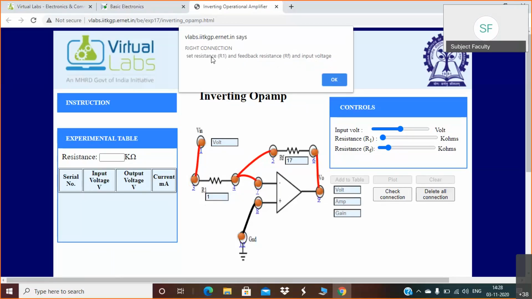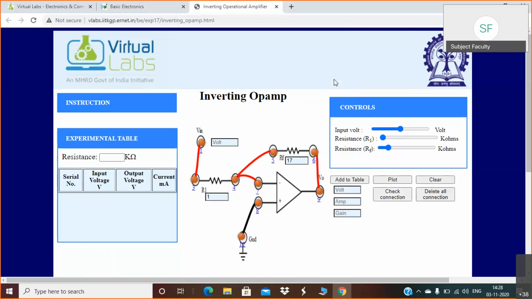So the connection is right. This window instructs you that your connections are right. Now you have to set different values of R1, RF and input voltage. So we'll say okay.